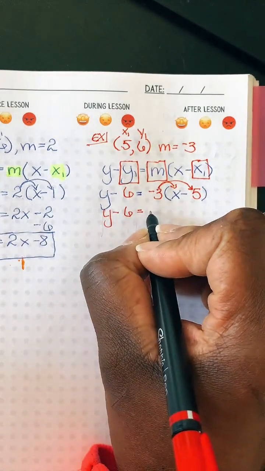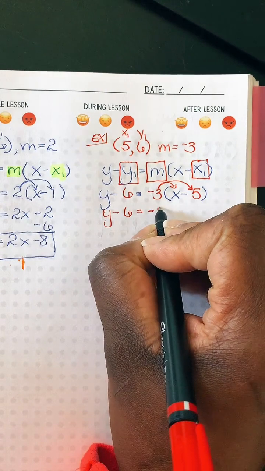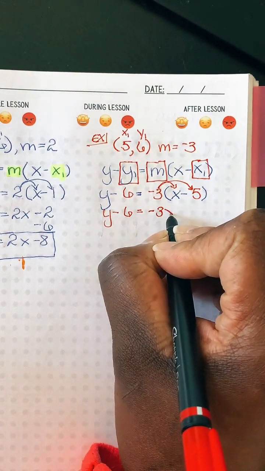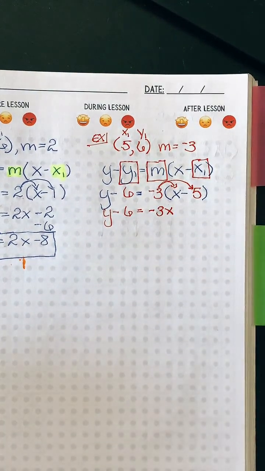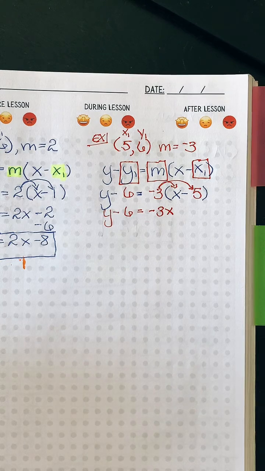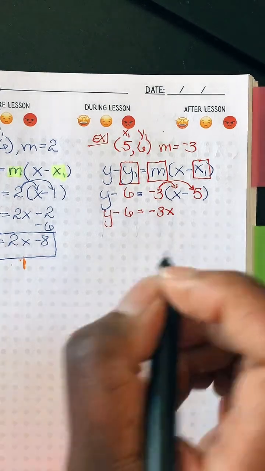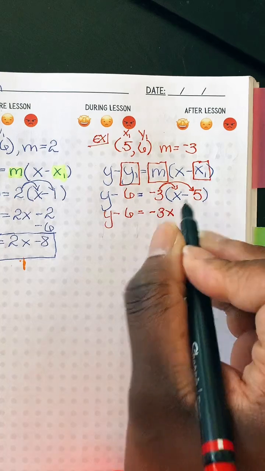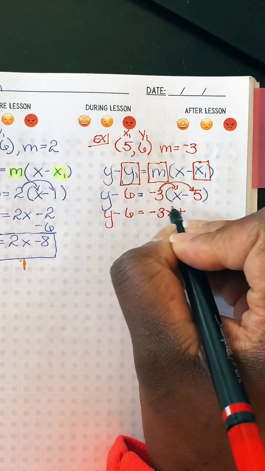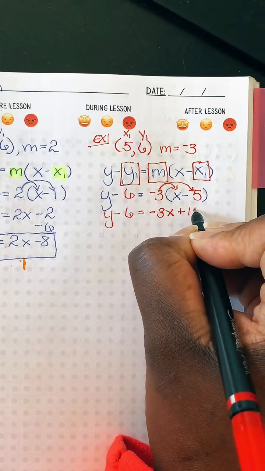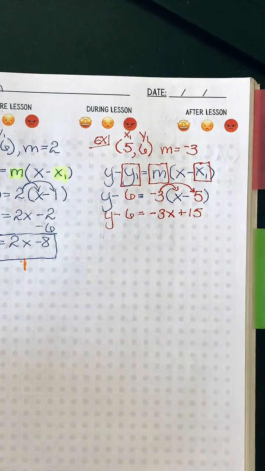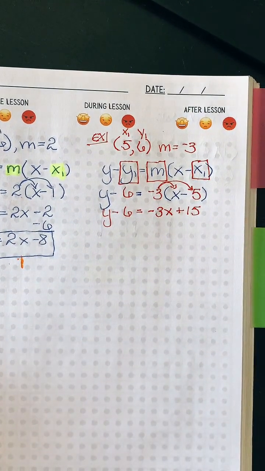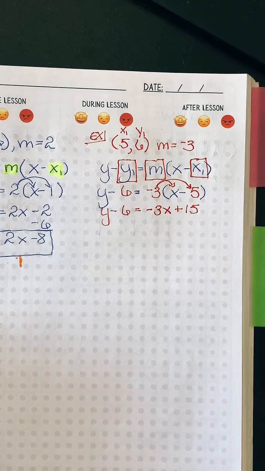Okay. So we got negative 3x. What else do we get when we distribute the negative 3? Okay, so we got negative 3x plus 15. Good, because a negative times a negative gives me a positive, and 3 times 5 gives me 15. Excellent. Plus 15, nice.